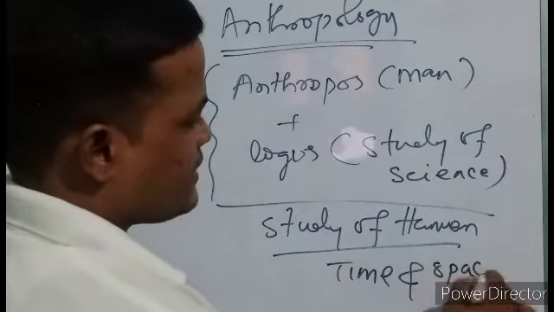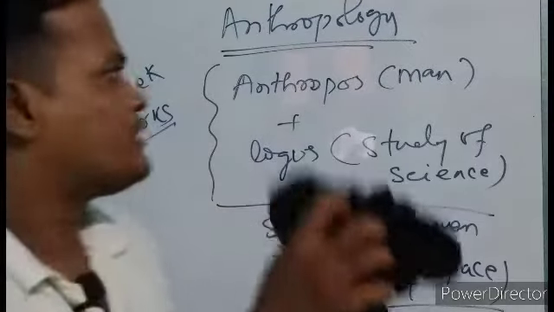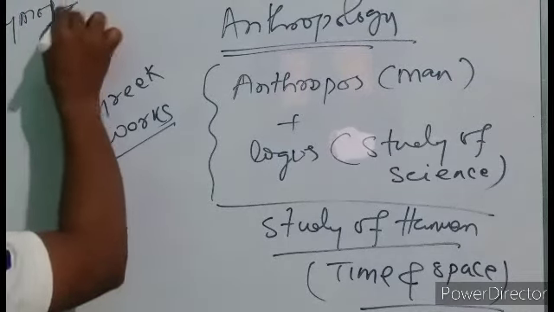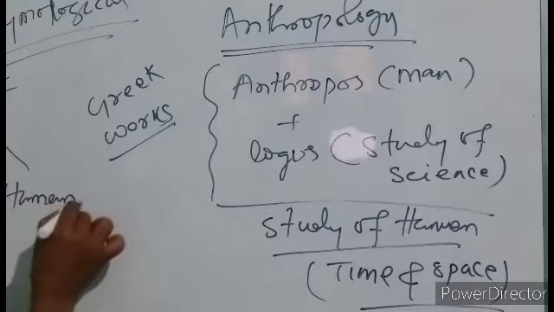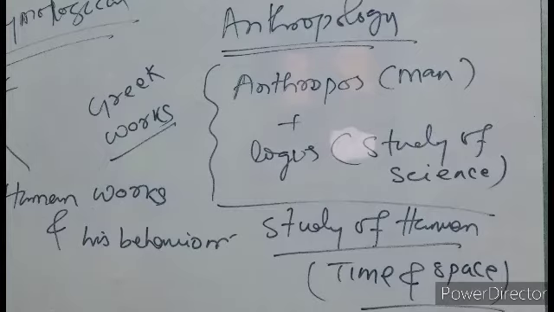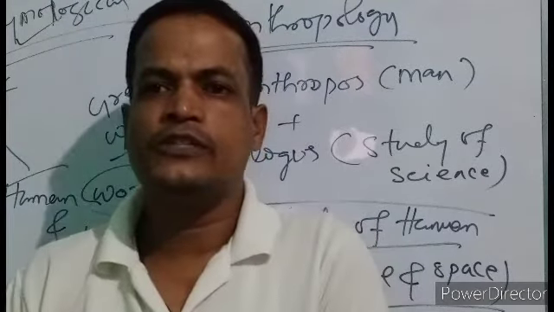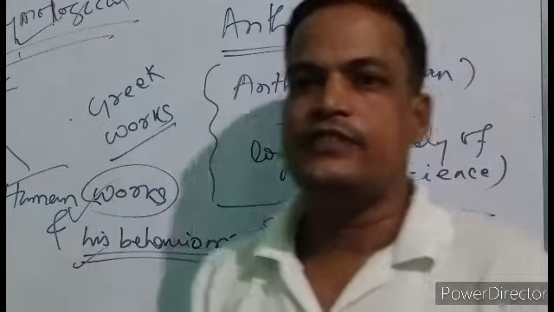Otherwise, etymologically, it studies human works and his behavior. If we discuss the etymological meaning of anthropology, we will find that it is the branch of science which deals with the study of human works and his behavior.